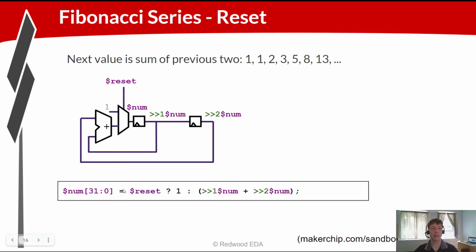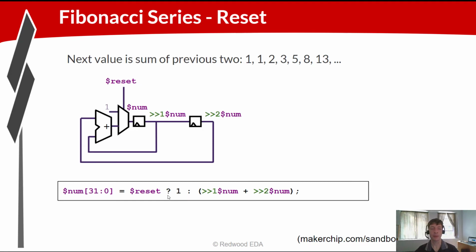And this, in TL-Verilog, is the expression of this logic. So we have a number, and we're making that number a 32-bit number. And that number, if reset, is 1. And here I'm using a ternary operator. So the ternary operator is this question mark colon.